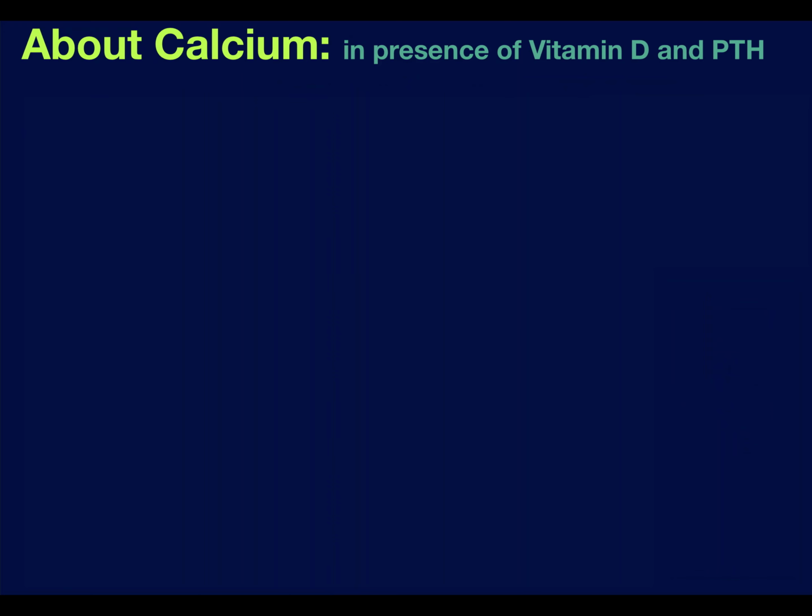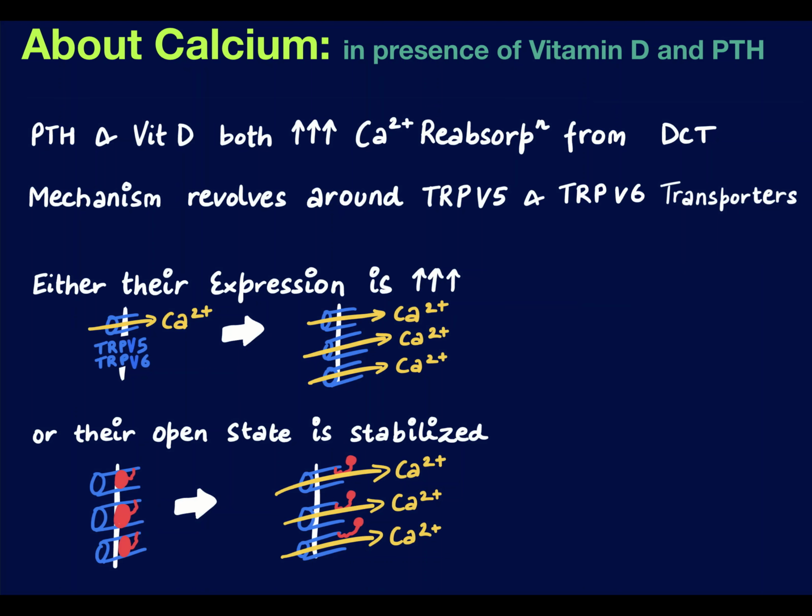Next, let's look at what happens to calcium reabsorption in the presence of vitamin D and PTH. The effect of both of these hormones is the same, that is to increase the renal reabsorption of calcium. As already discussed, these hormones will act at the DCT. But remember that maximum reabsorption of calcium occurs in the PCT, and this is hormone independent.